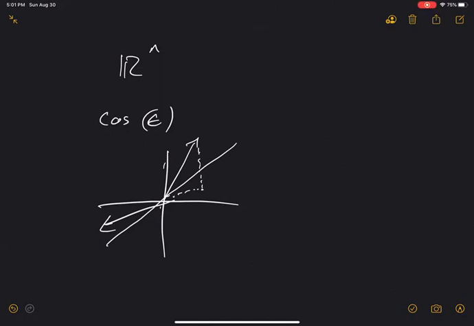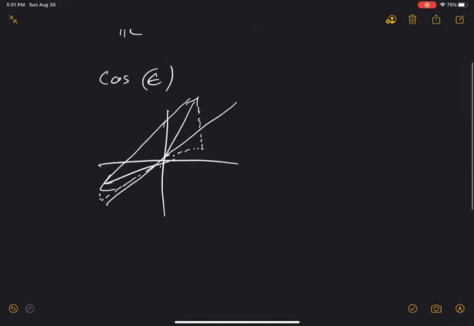How can I draw a triangle with these two vectors? Well, I just connect their ends, and it doesn't matter how it's oriented in space. I can always do that.